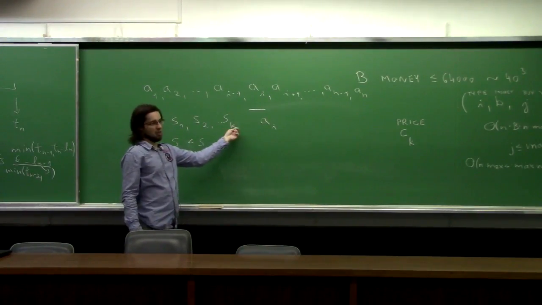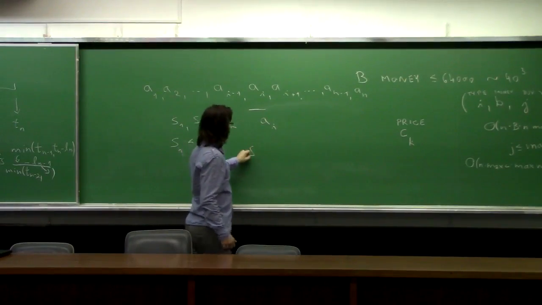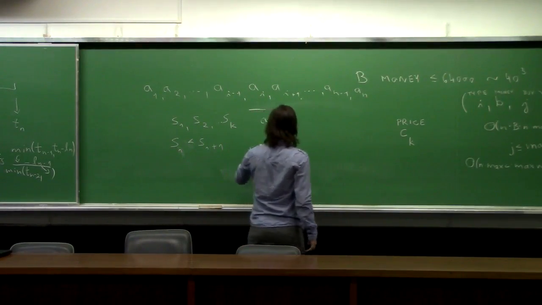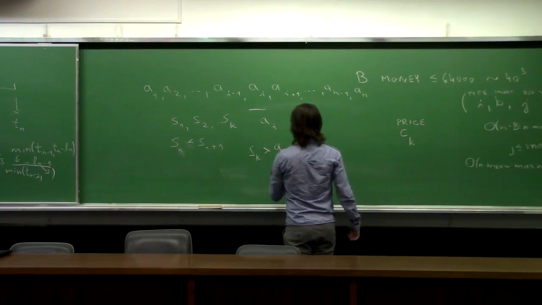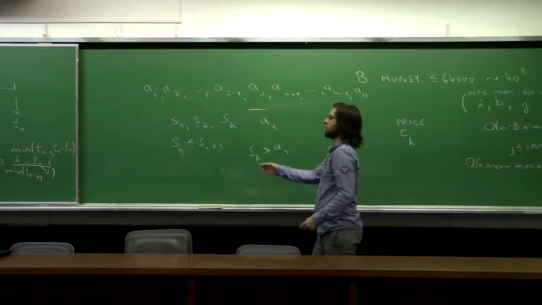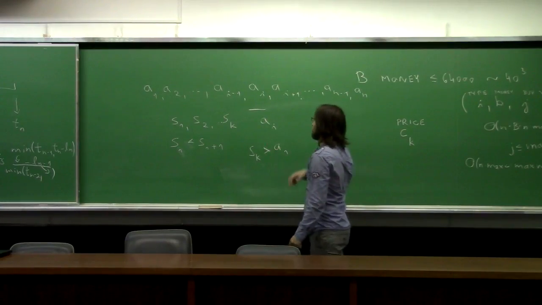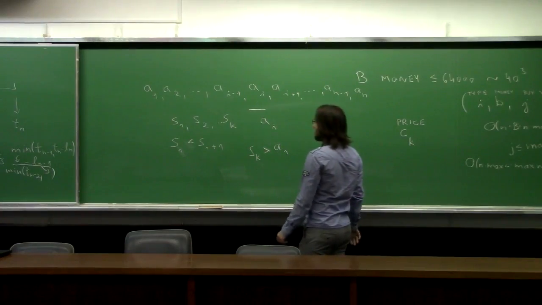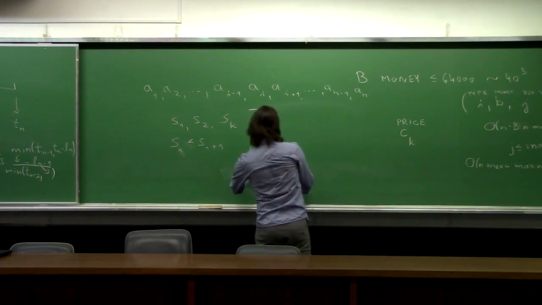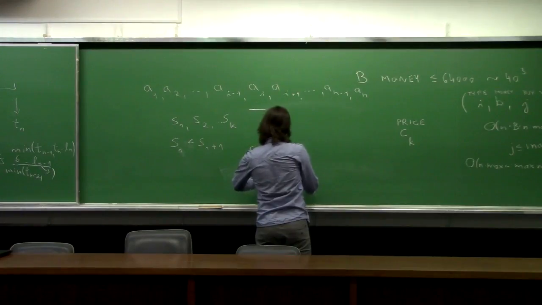So let's look at Sk. If Sk is greater than Ai, there is an edge from Sk to Ai, and we can merge these two components. Then we can look at Sk minus 1.